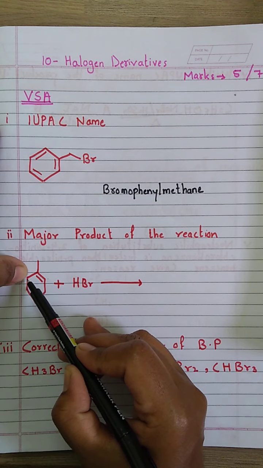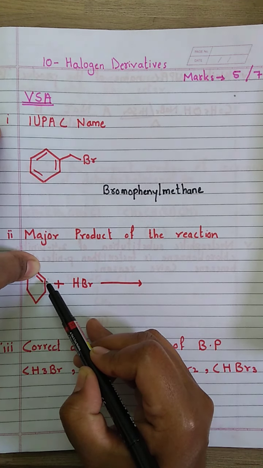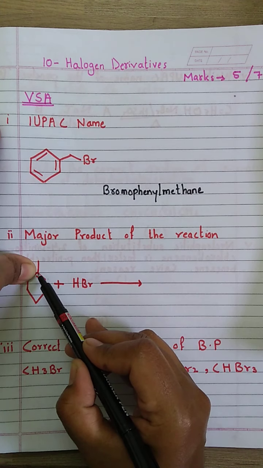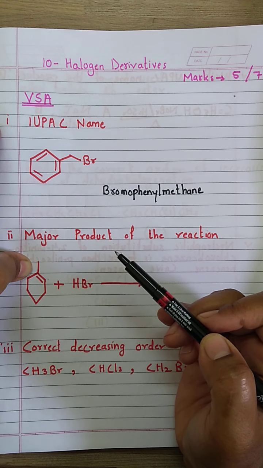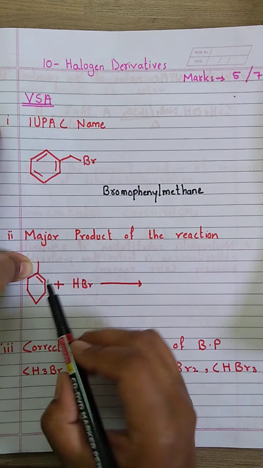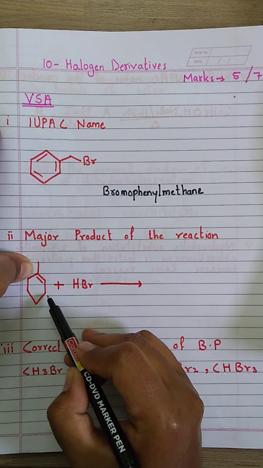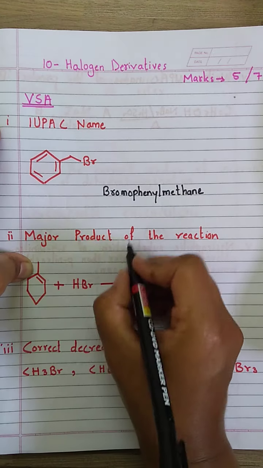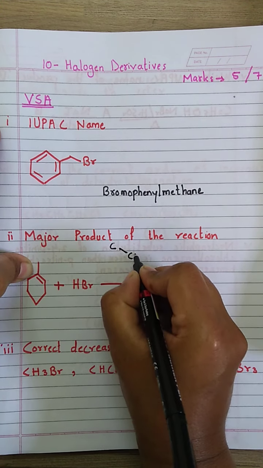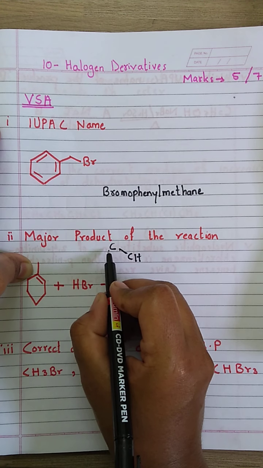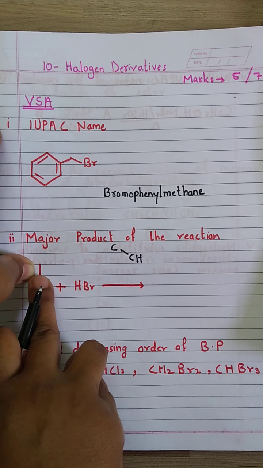It is attached to one carbon here and has a double bond with this carbon. So this carbon at this junction is making 4 bonds and does not have any hydrogen. And this one has a double bond with this carbon and a single bond with this carbon, so this is CH. Out of these two carbons, one is C and the other is CH. So obviously this is the carbon with no hydrogen. Therefore bromine will go to this carbon.